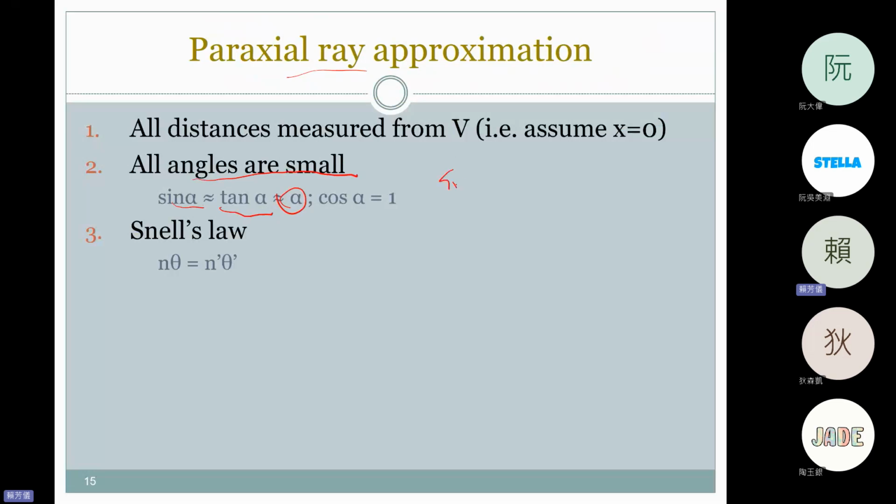You know that the expansion of sine alpha is alpha plus higher-order terms, and we just take the first term. Also, cosine alpha we just take as 1. Using this approximation, Snell's law becomes n theta equals n prime theta prime. And all distances are measured from the vertex.